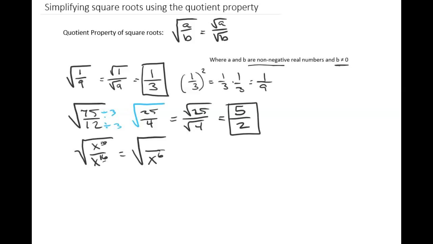So I'll have x to the 6th on the bottom, and on the top there'll just be a 1 left. Now that I've simplified the fraction, I can use my quotient rule and then evaluate the numerator and the denominator.